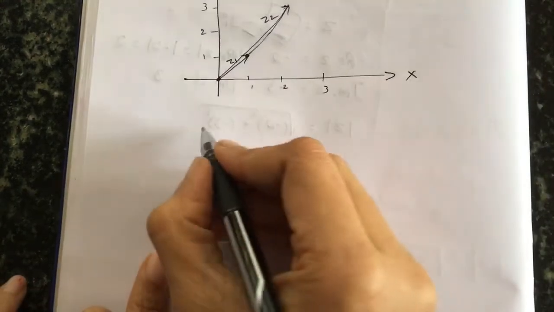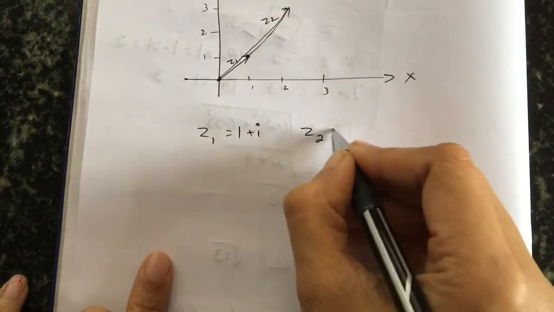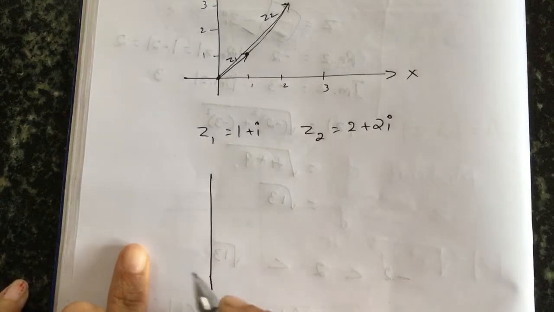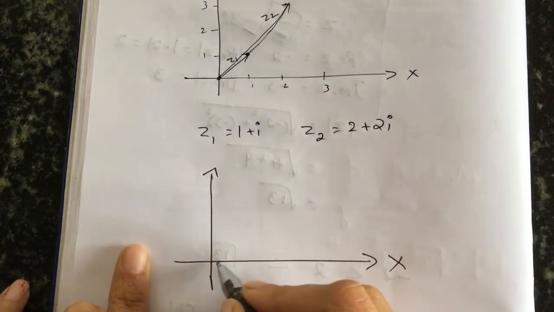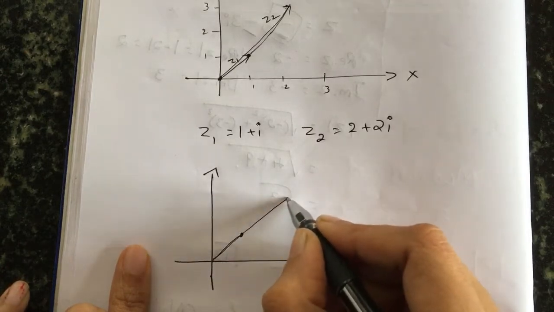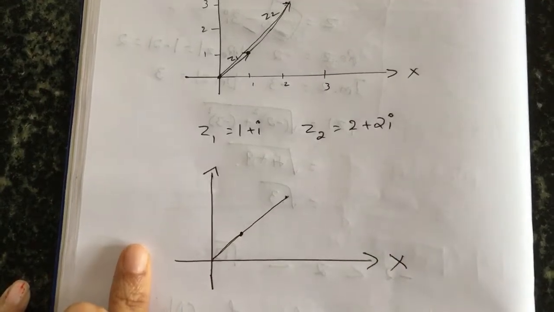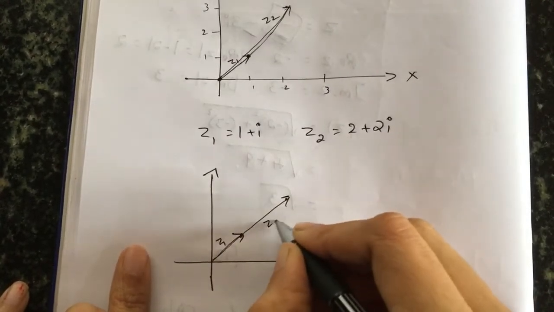But suppose I have z1 as 1 plus i and z2 as 2 plus 2i. In that case, this is the real axis, this is the imaginary axis. So 1 plus 1i will be here and 2 plus 2i will be just a continuation of that, right? So this is z1 and this will be z2.